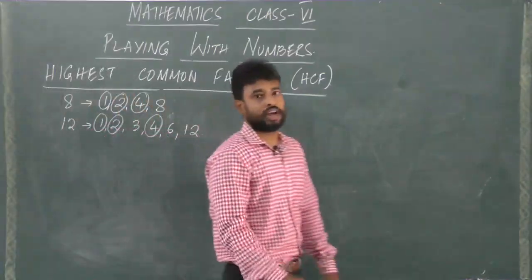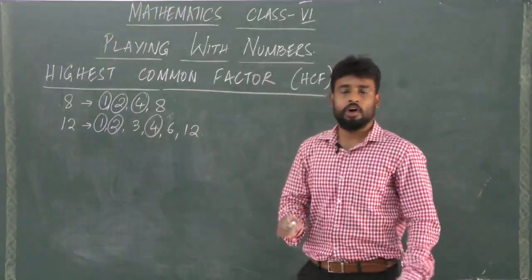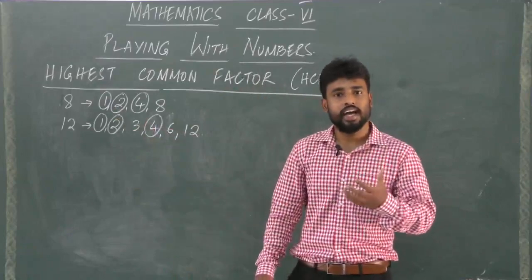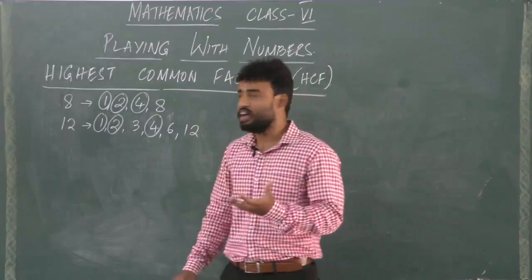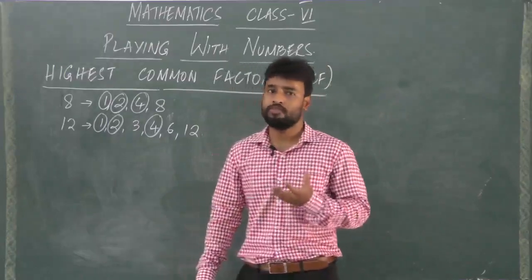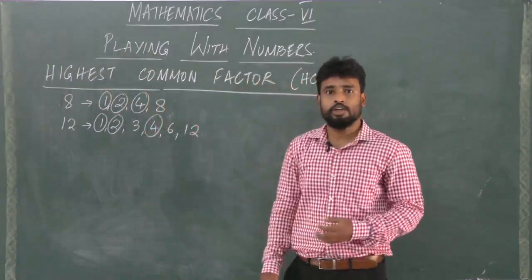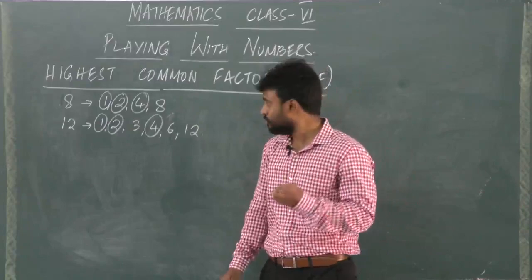Okay, so the common factors are 1, 2 and 4, or we can say that these are the numbers which can divide 8 and 12 exactly. So 8 and 12 can be exactly divided by 1, 2 and 4. Next we come to highest common factor. We have to check which number is the highest among the common factors.